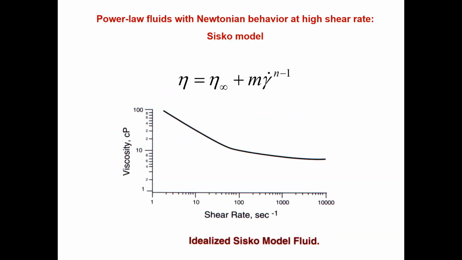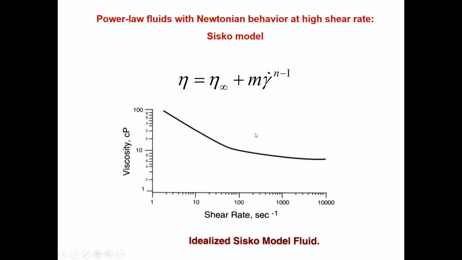Okay. There's another, the Sisko model. Looks a little simpler. It's also 3 parameters. So now I have just this effective viscosity, eta infinity, that I approach as my rate increases.